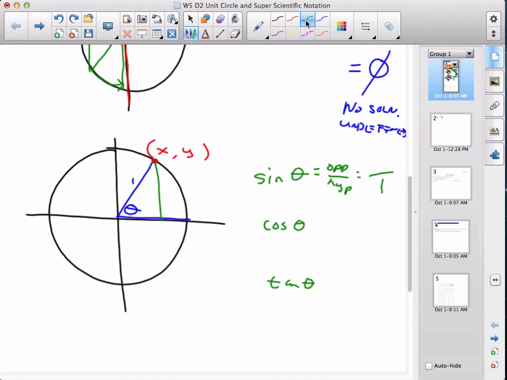Which it is, right? This is literally the way we define points in a Cartesian plane. We would say this length is y, and likewise, this length right here would be x, right? So the opposite is y.